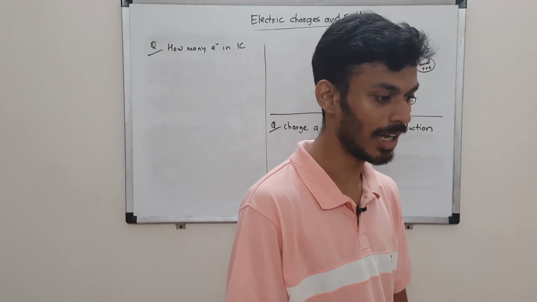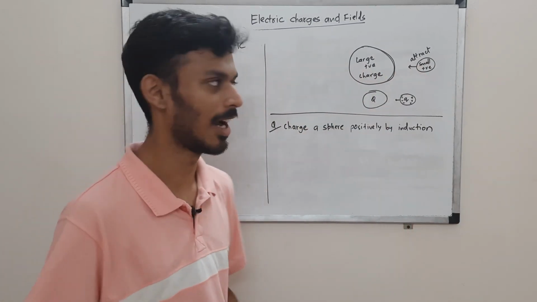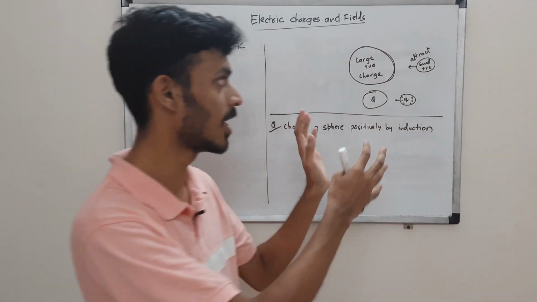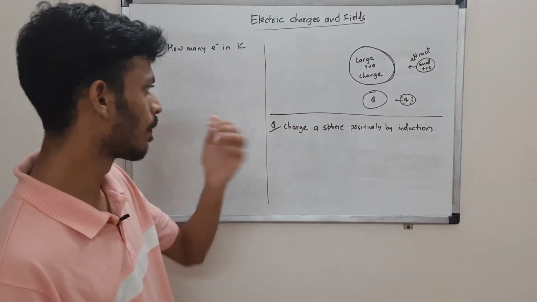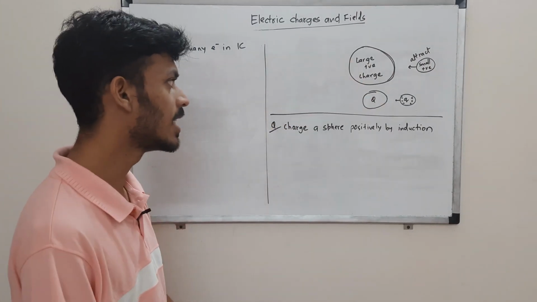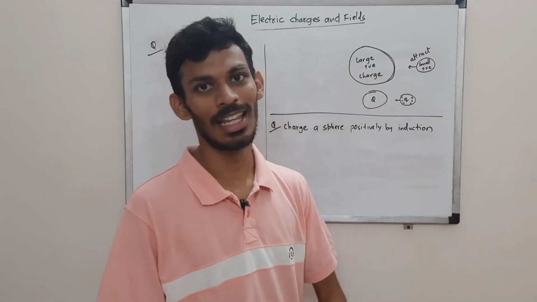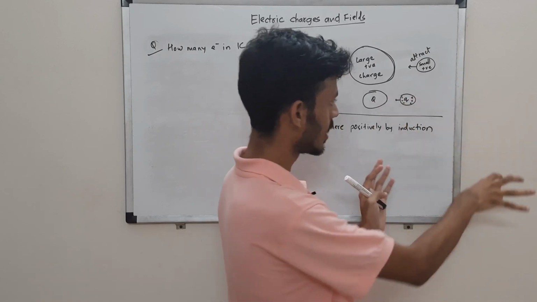Why does this happen? They are like charges, so why are they attracting each other? Actually, it happens due to induction. Mind you, these are not point charges; these are very big charges. This large positive charge creates negative and positive charge by induction on the small positive charge. It is tearing apart the negative and the positive charge.